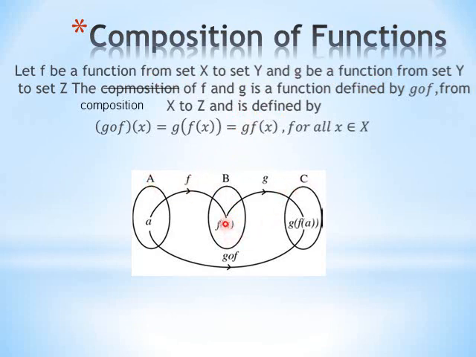So from y to z there is another function g. So f of a is applied to the function g, giving g of f of a. So from a to c we can say g of f. This is the definition of composition of function.